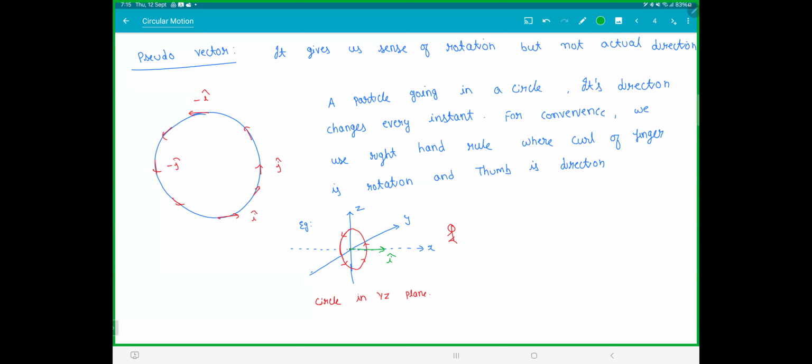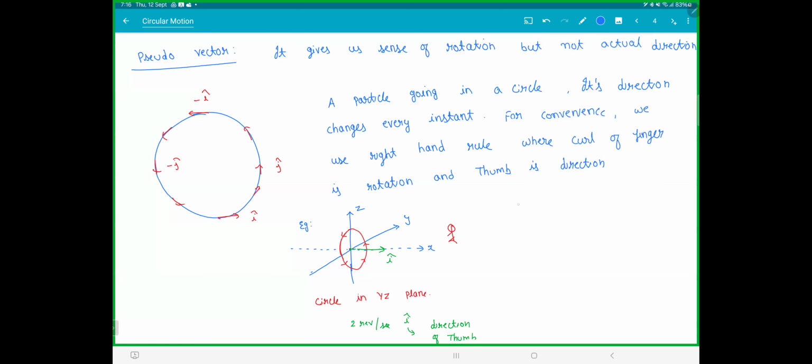We will say, for example, it is doing 2 revolutions per second, I cap. No one is actually going along I cap. Are you getting the meaning of this? The meaning of this is the thumb is in the direction of I cap. So put your thumb along the direction of the x-axis and the fingers will give you the direction of rotation. You getting the meaning of this?